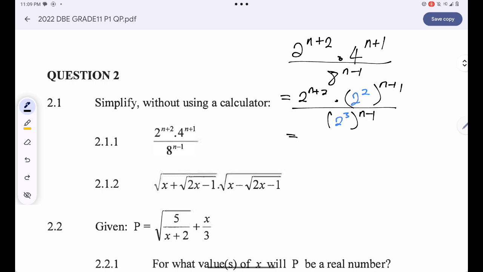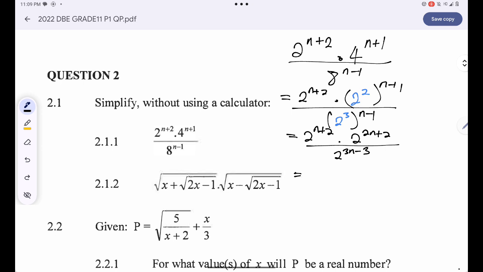So now all I need to do is to remove the brackets, right? So I simply have 2 to the power 2n plus 2 multiplied by 2 to the power 2n plus 2. Remember that powers and exponents, they always multiply one another, right? And then at the denominator, we'll simply have 2 to the power 3n minus 3, right?